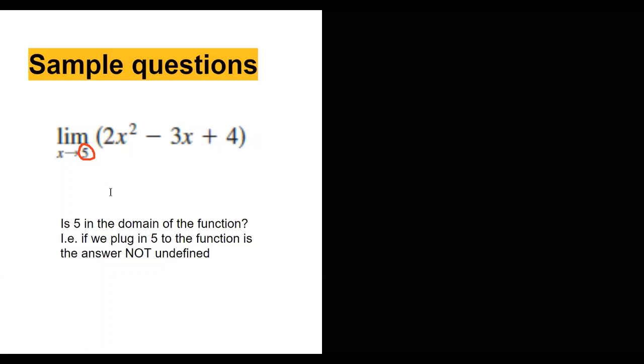It becomes 2 times 5 squared, 5 squared is 25, minus 3 times 5, plus 4, which simplifies to 50 minus 15 plus 4, which is 39.